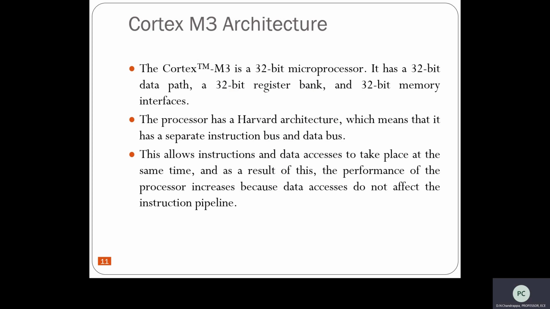Now here the Cortex M3 is a 32-bit microprocessor, or it may be called a microcontroller. It has a 32-bit data path. I already explained this in the features of the Cortex M3 processor: 32-bit register banks and a 32-bit memory interface.